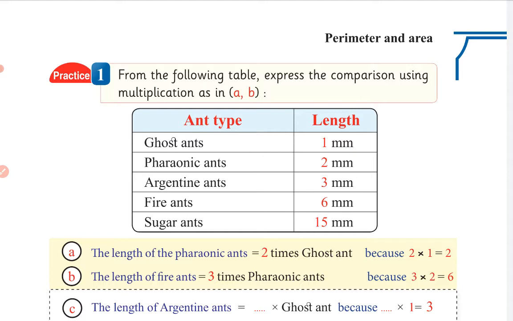Okay, the length of the fire ant equal 3 times pharaonic ant because 3 times 2 equals 6. هنا هنشوف relation between lengths of types of ant. عندنا أنواع النمل: ghost ant, pharaonic ant, Argentine ant, fire ant, sugar ant.